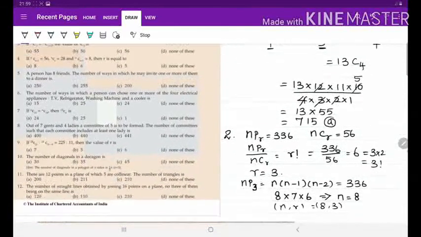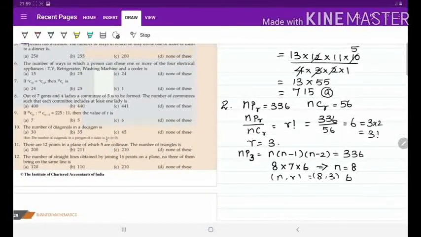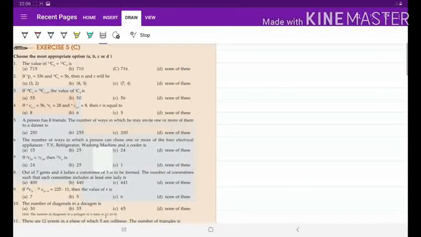Let's discuss the next question, question number 3. If 18Cr is equal to 18C(r plus 2), the value of rC5 is.